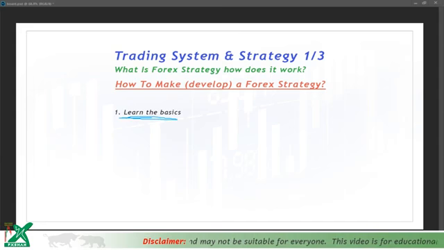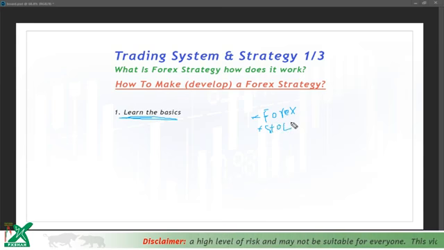If you are developing any strategy, you need to know about the forex market. You want to trade the forex market, bonds, commodities, or stocks, so you have to select which side you want to trade.